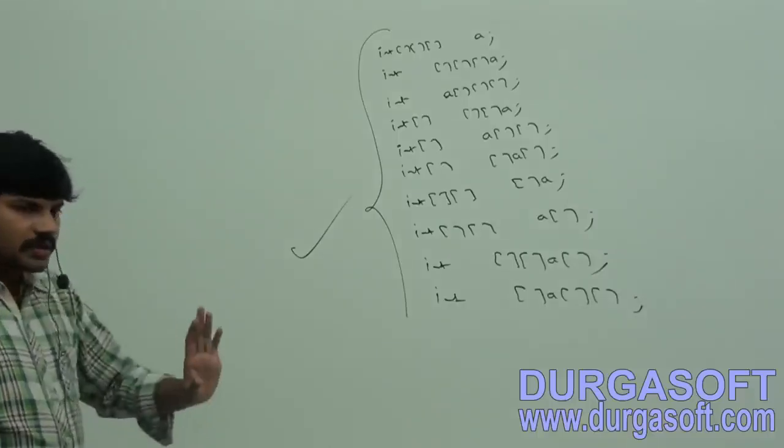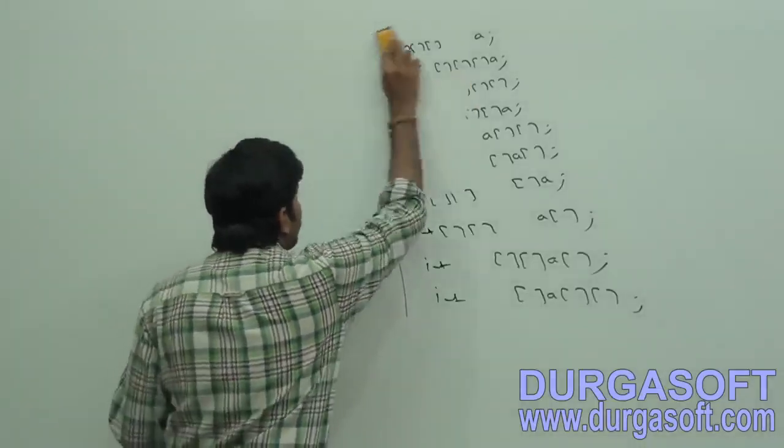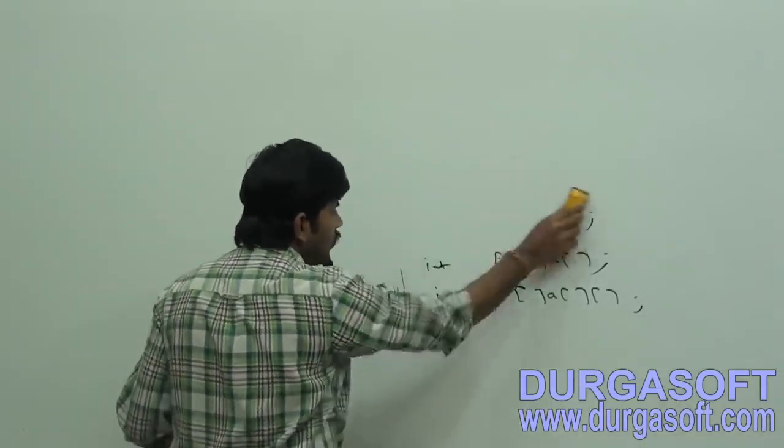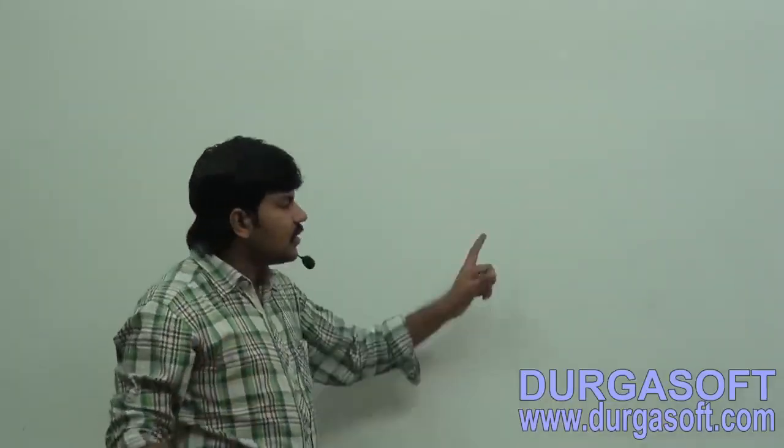Okay, that's all. These are various loopholes about array declaration. Only two conclusions: at the time of array declaration, we can't specify the size. If you want to represent a dimension before the variable, this rule is applicable only for the first variable, right?